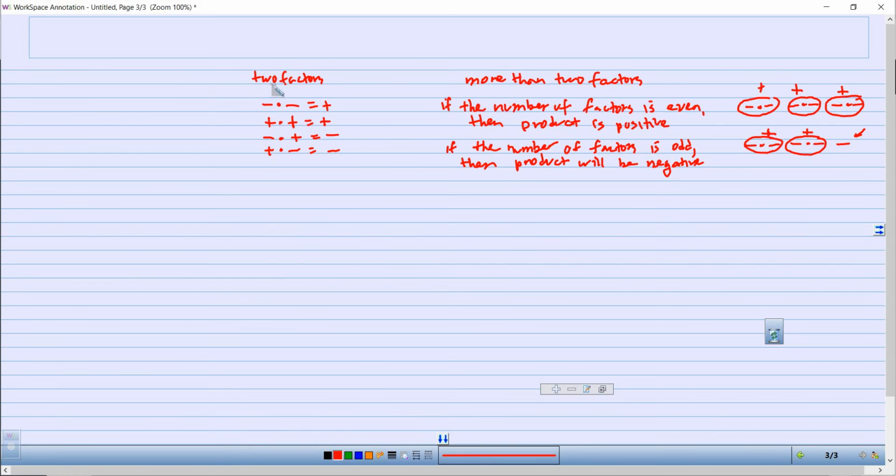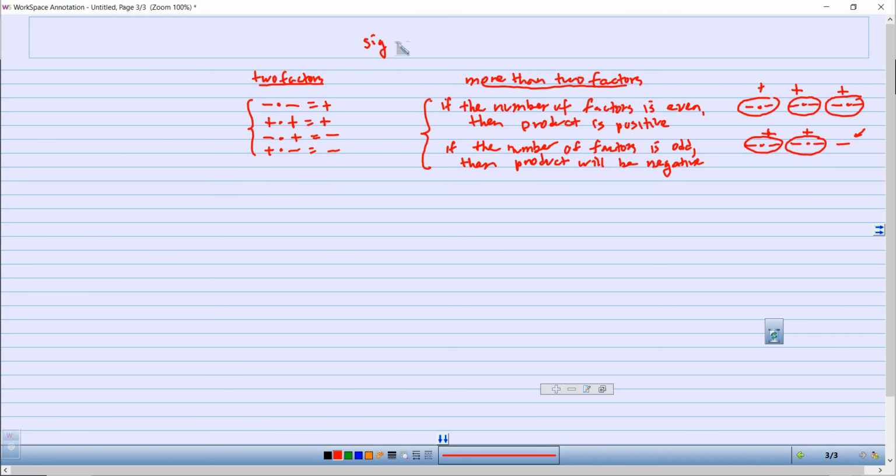Okay, so if you have two factors, here are your rules right here. If you have more than two factors, here are your rules right here. It's pretty straightforward. Even number is going to be positive because you're breaking them up into pairs, which will always be positive. Odd number, it will be negative because you're breaking them up into pairs, but you'll still have that one odd negative, which will make it negative. Okay, so those are the rules for the sign.